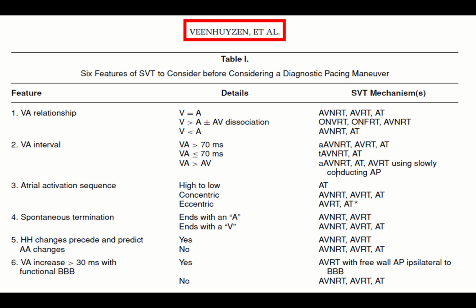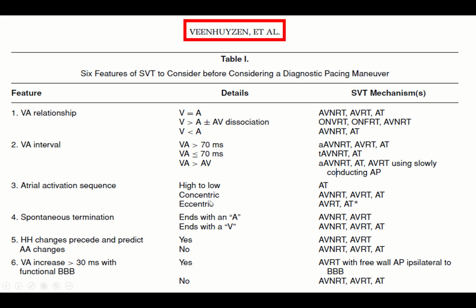VA interval more than 70: atypical AVNRT, atrial tach, AVRT, long RP tachycardia. But if it is short RP and VA less than 70, likely typical AVNRT. In case of long RP tachycardia, you have to search for atrial tach as a common scenario.